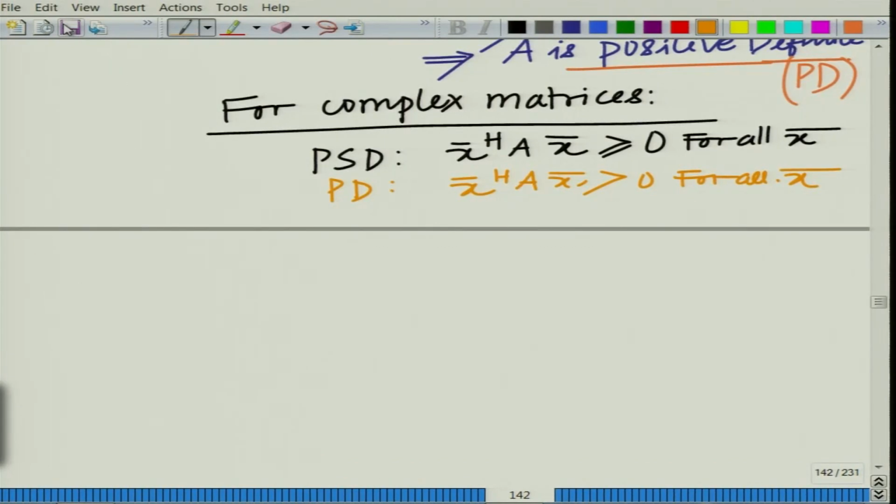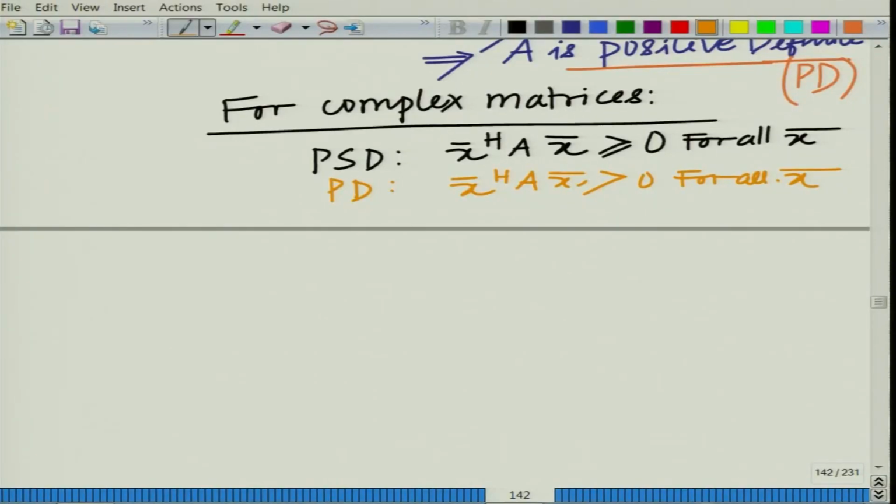This is for complex matrices, that is we have to consider x bar Hermitian A x bar.